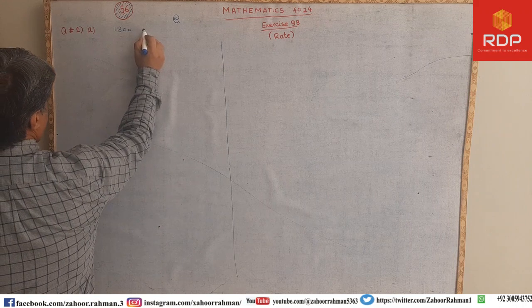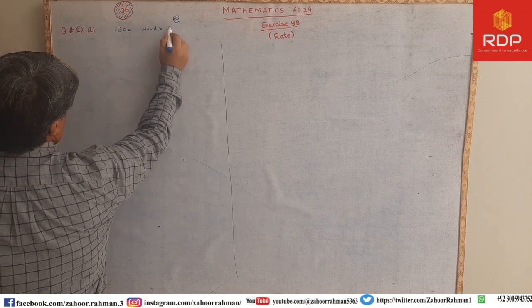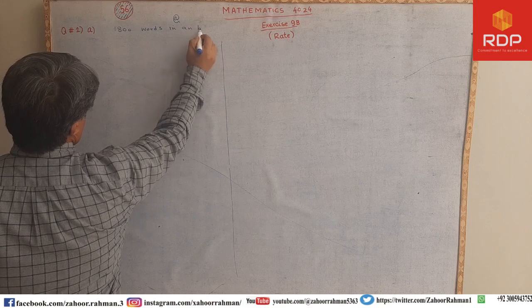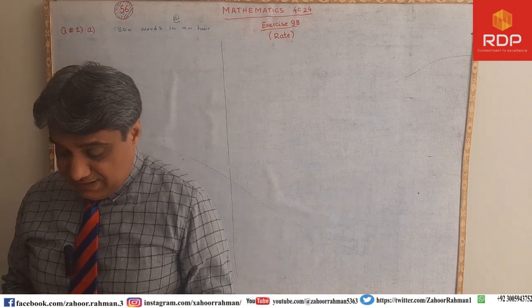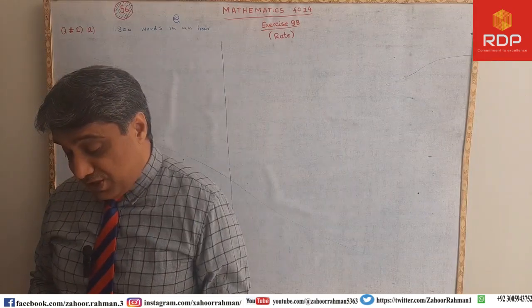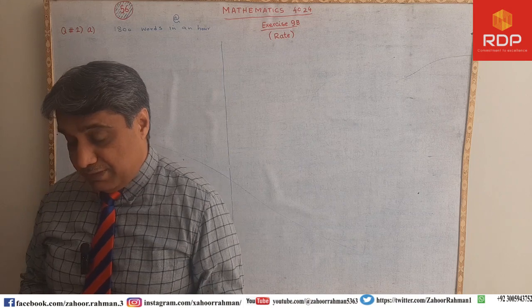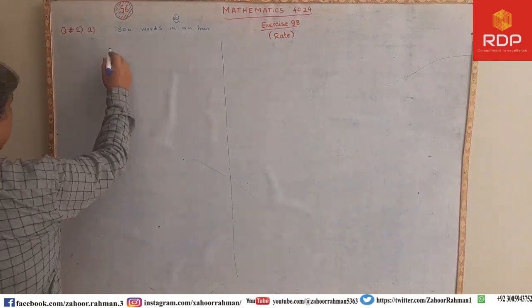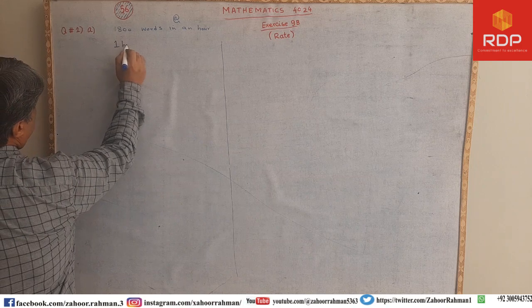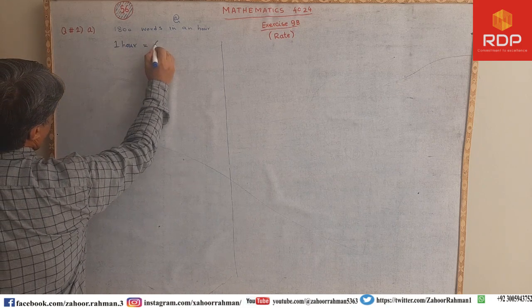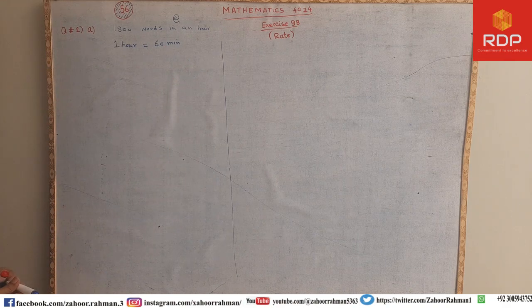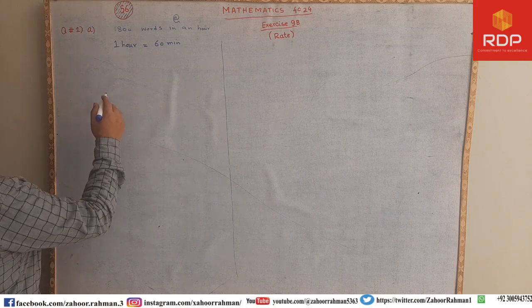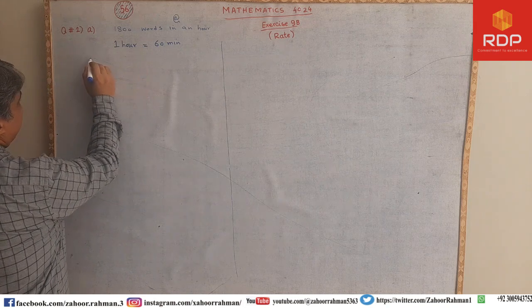The question is asking, find the number of words that she can type per minute. Remember that 1 hour is equal to 60 minutes, because they want us to find it in minutes, so we have to convert this.